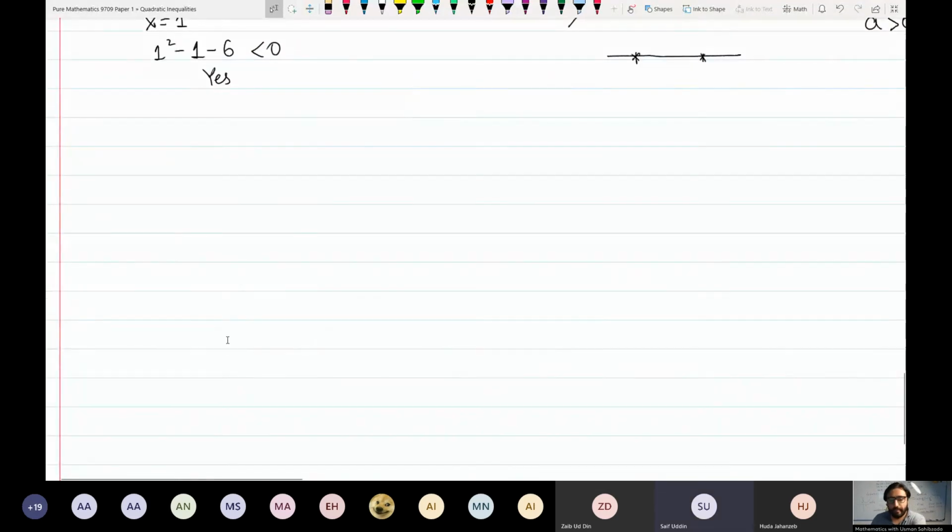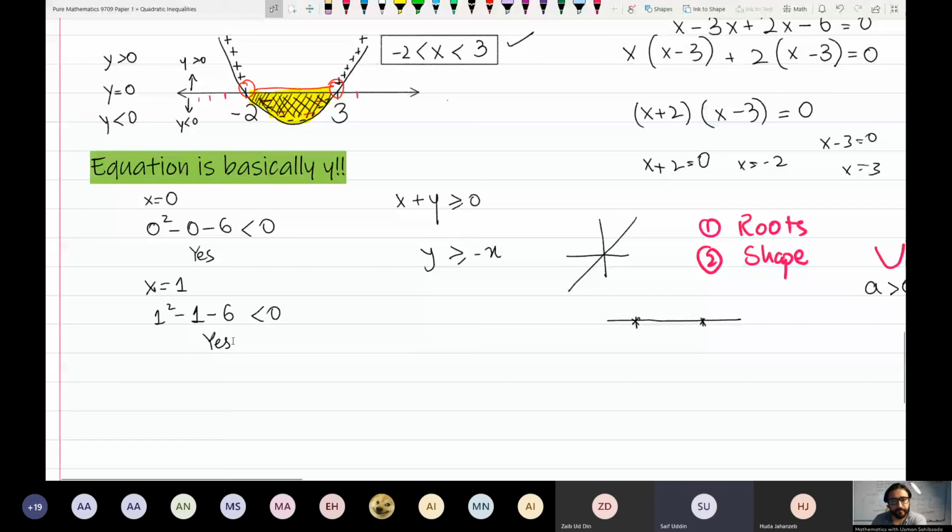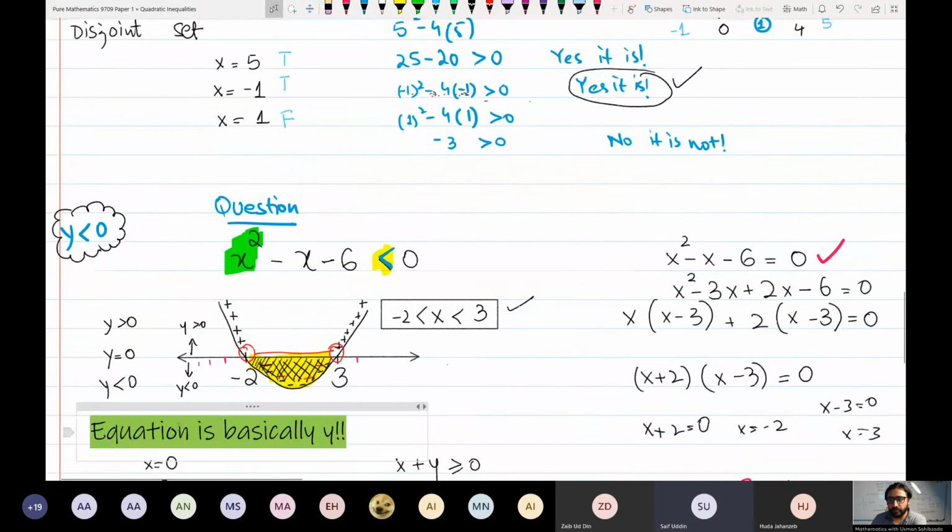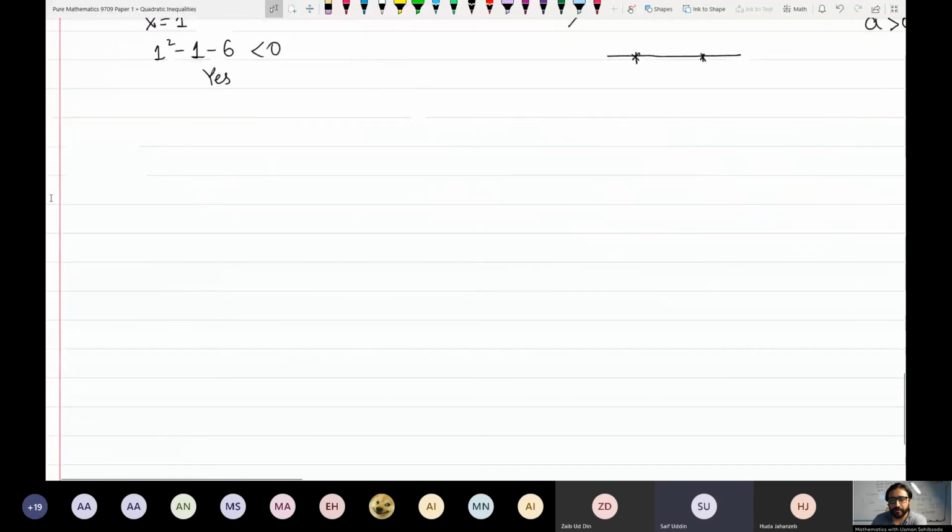Sir, I don't understand this. The sketch, the yes and no thing, the false and true of this. The whole quadratic inequality? No, look, I understand the basic algebra. I understand that part. But anything and everything beyond that, I can't comprehend.